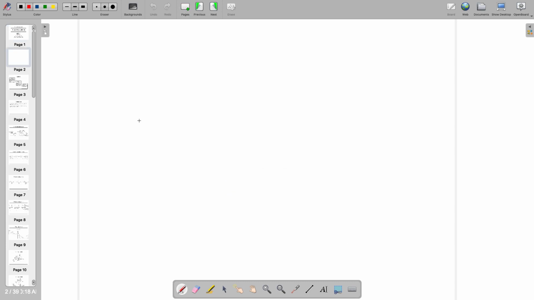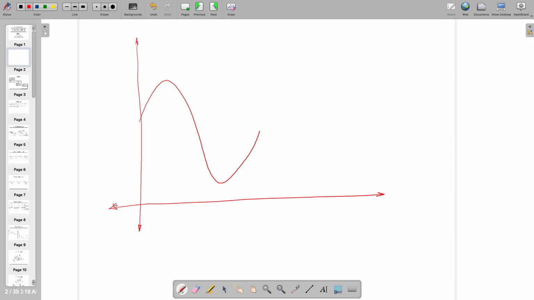So if there is a sine wave, this DC value is known as DC voltage or offset.